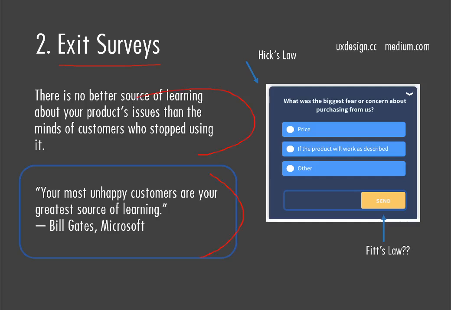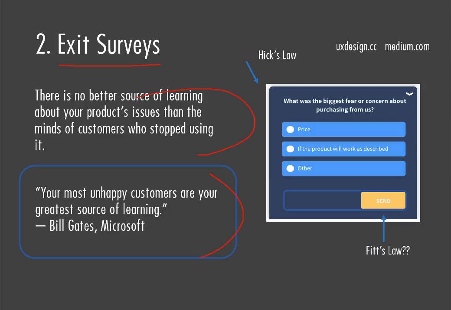So you can easily reach the users via email or a simple pop-up window after they stopped using your app or web for several days, or when they cancel their subscriptions. But you have to keep your questionnaire short and humble.